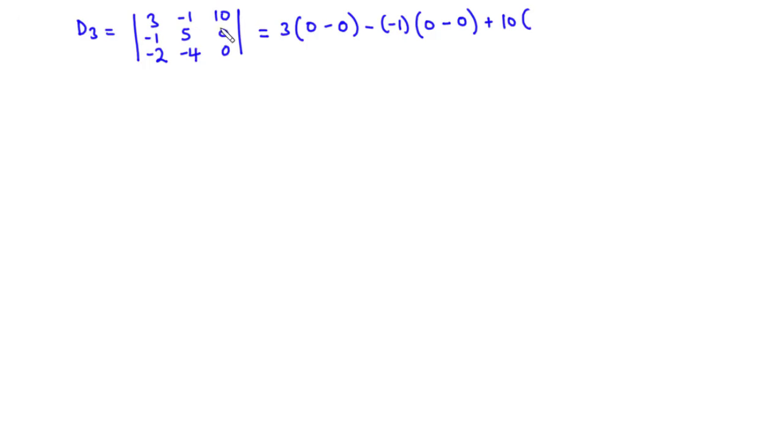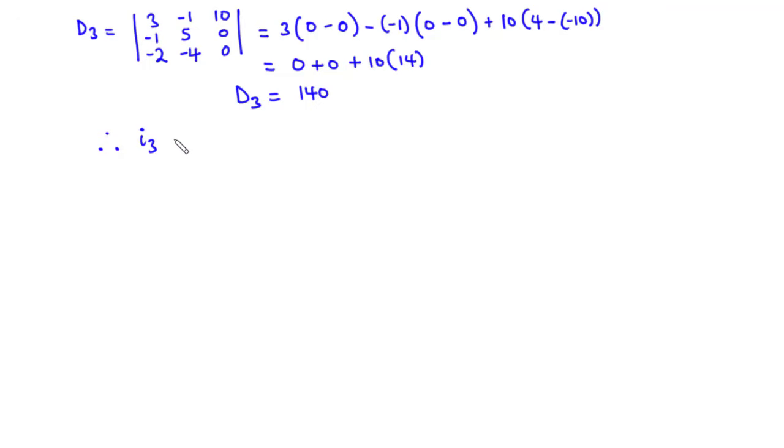We cancel out row, column. -4 times -1 is 4, minus -2 times 5 is -10. So now this goes to 0, this also goes to 0, and we have 10 times 14. So D3 is equal to 140.